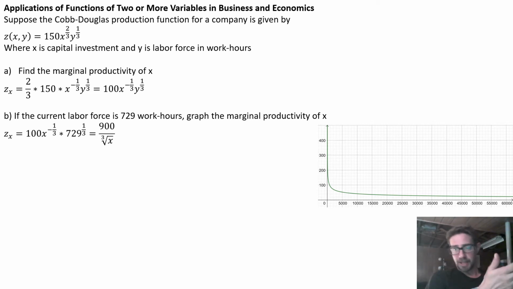There's no cap to how much productivity we can have. But this function is decreasing pretty fast. What does that mean? It means the rate at which productivity is increasing is going down. The more money we throw at it, yes, we'll get more productivity, but it'll be less effective as x increases.